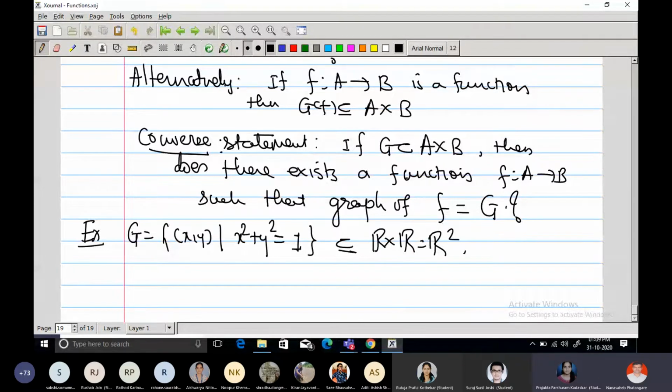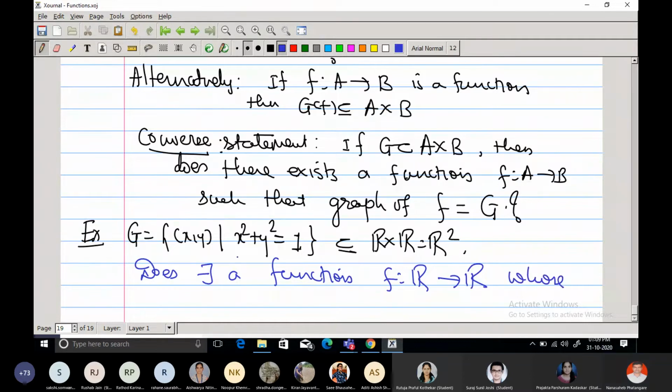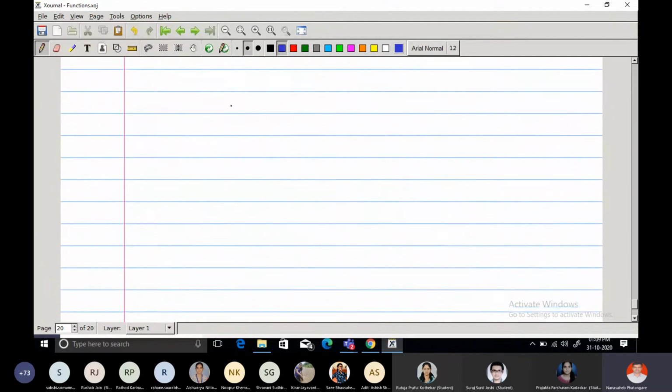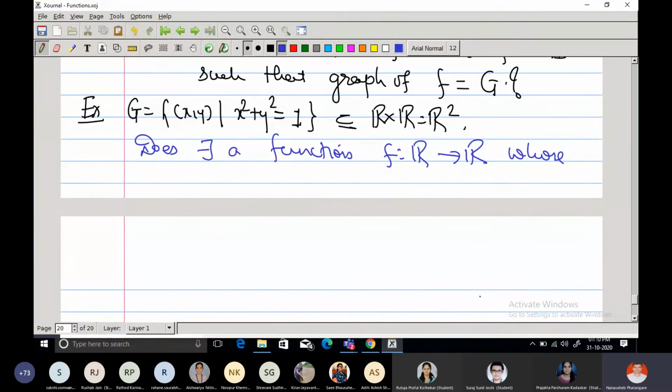Now my question is, does there exist a function f from R to R whose graph is this subset of R2? Whose graph is G. Now the question is clear, right?